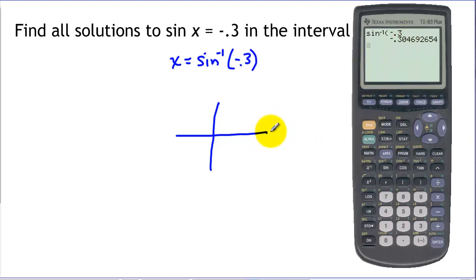So in radians, this is 0, this is pi over 2, which is about 1.57. This is pi, so 3.14. And this would be 3 pi over 2, which is about 4.71. And then we get around here where it's 6.28. So if we go negative 0.3 radians, we're down here somewhere.